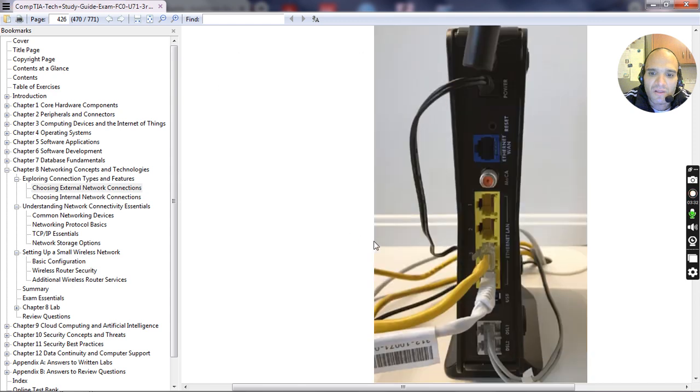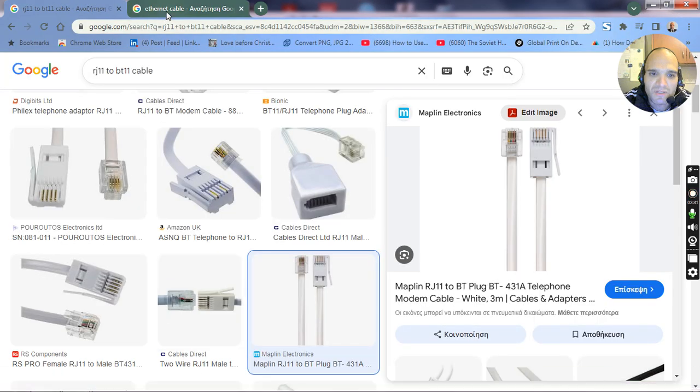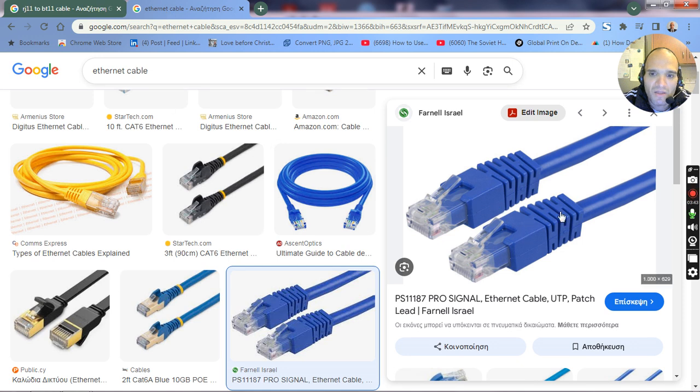And here we see two examples of an Ethernet cable. An Ethernet cable is responsible to transfer data between two devices, between two computers.